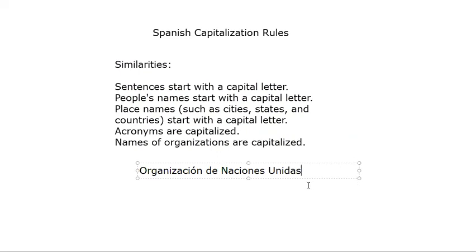Just like in English, they don't capitalize the small, less important words. So in this case, de, which means of. So Organization of United Nations is what that's called in Spanish. That's capitalized, and also the acronym for it is capitalized, which is ONU, or they just say it as a word, ONU. But either way, we're going to capitalize the name itself and also the acronym. So those are the similarities to English, and that's pretty easy.